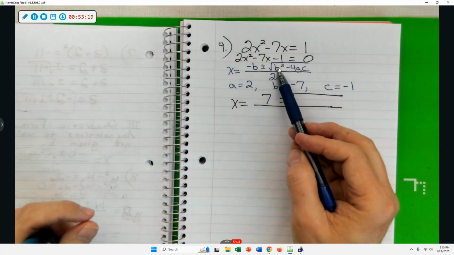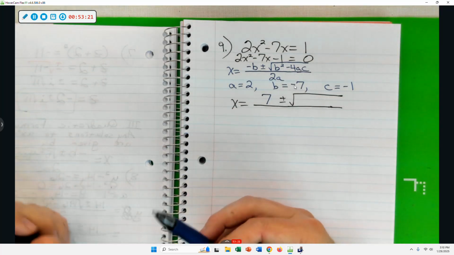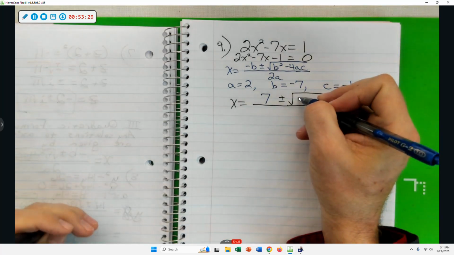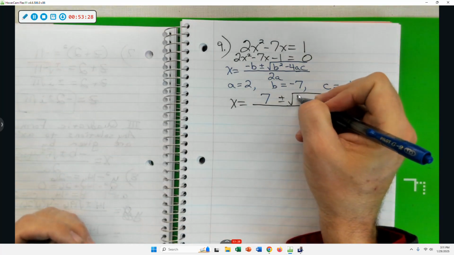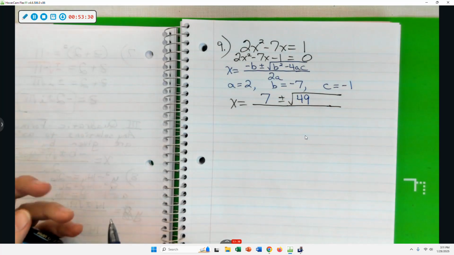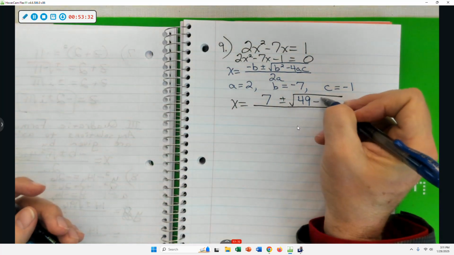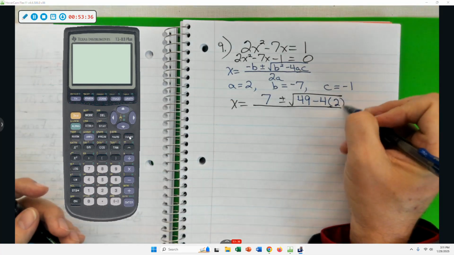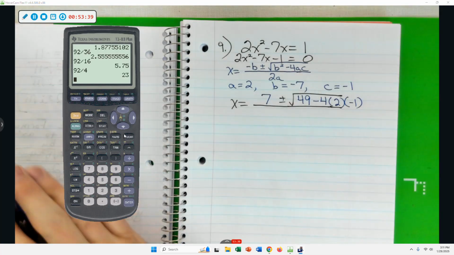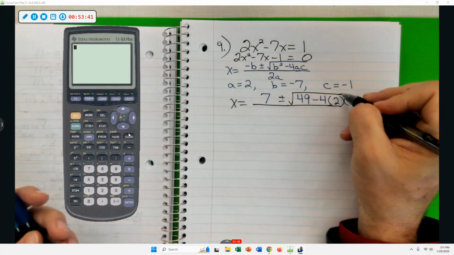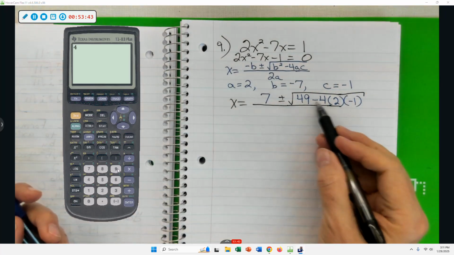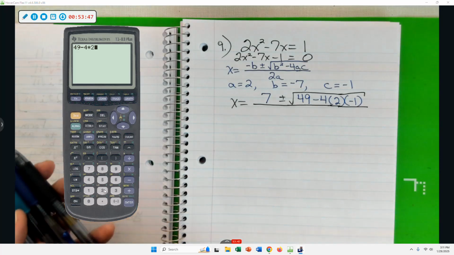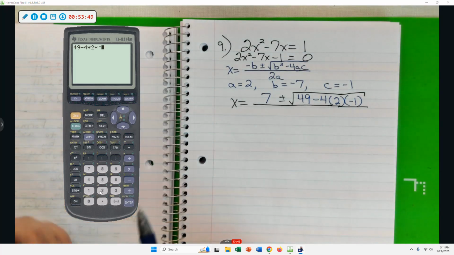B squared: you take negative 7 times negative 7, which is going to be a positive 49. 7 times 7 is 49, minus 4 times a times c. So we have a 49 and a plus 8. That negative times negative would become a positive 8. 49 plus 8. I'll write that down in a minute.